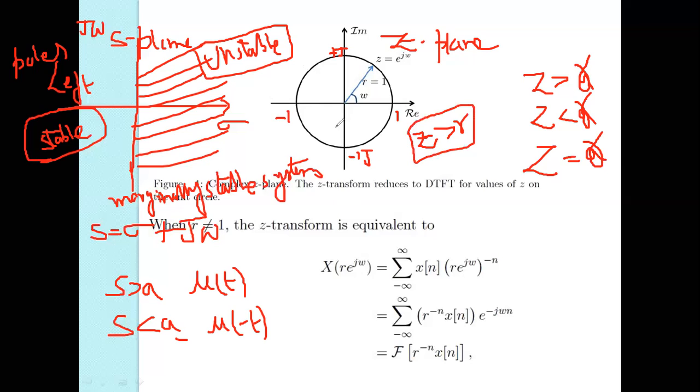Less than means inside the circle: Z less than R is inside the circle, within the radius. Z equal to R means on the circle. Now the mapping here, the stability in the Z plane: roots present in the left half of the S plane give a stable system, which in the Z plane means Z is less than R.